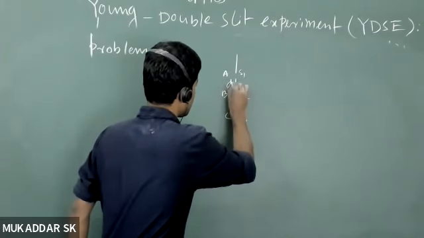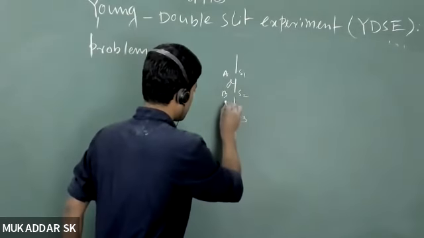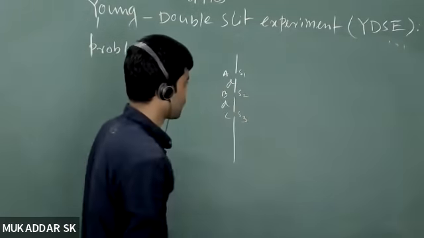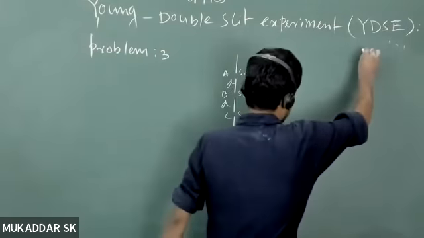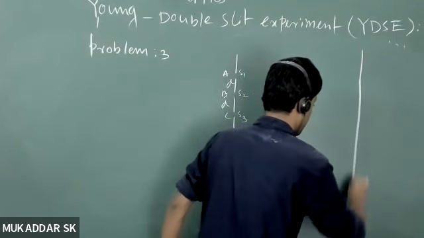And separation between slit A and B, that is d. Separation between B and C, that is d. Okay. And you have a screen here.